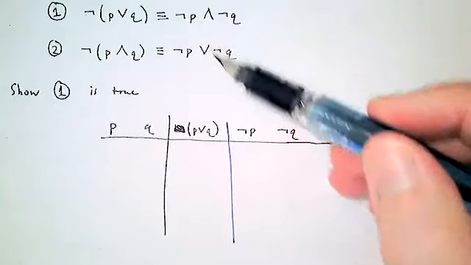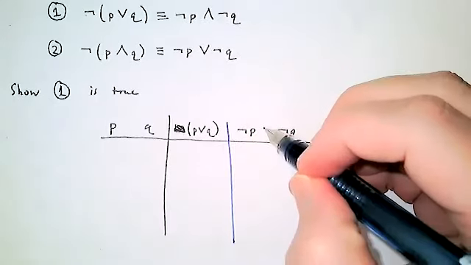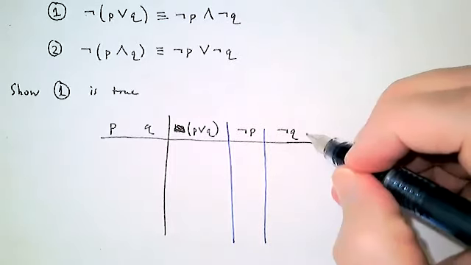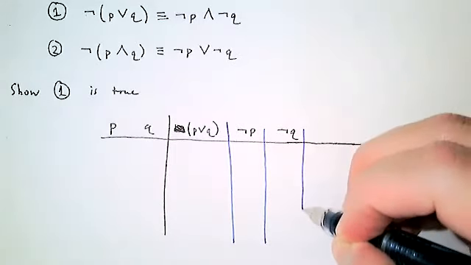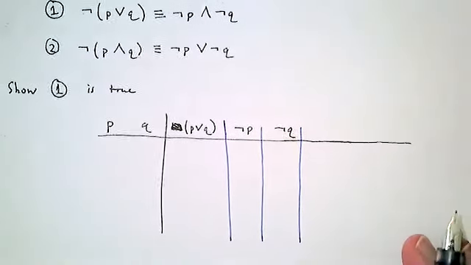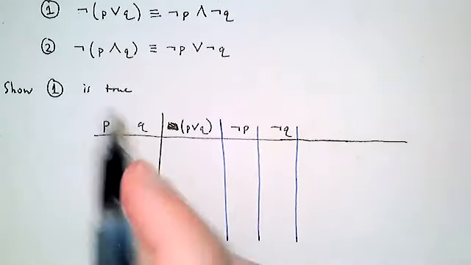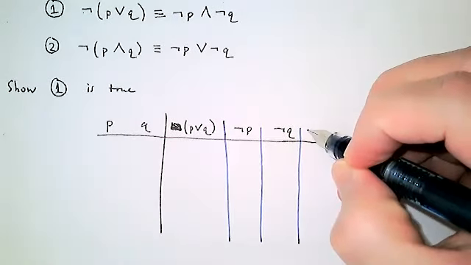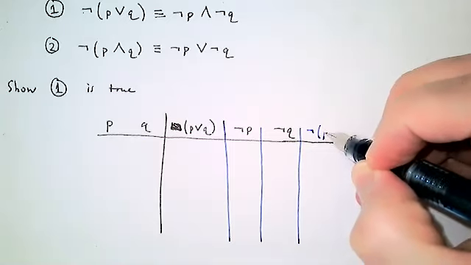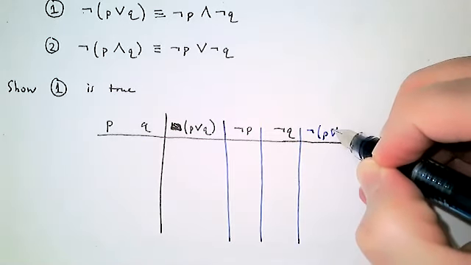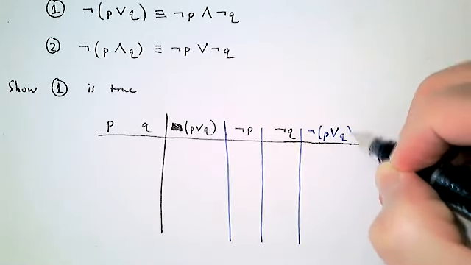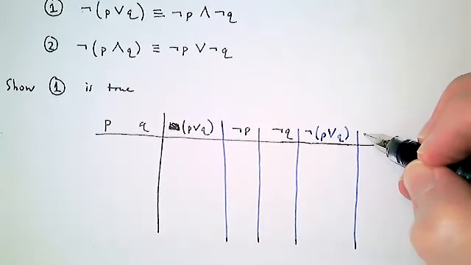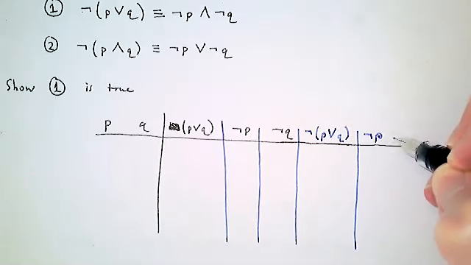We have the negation of P, so we'll give that a column, and then the negation of Q. That should get its own column as well. And then you'll want to finish by giving the whole left side a column. So not (P or Q). And then you'll give the whole right-hand side its own column.